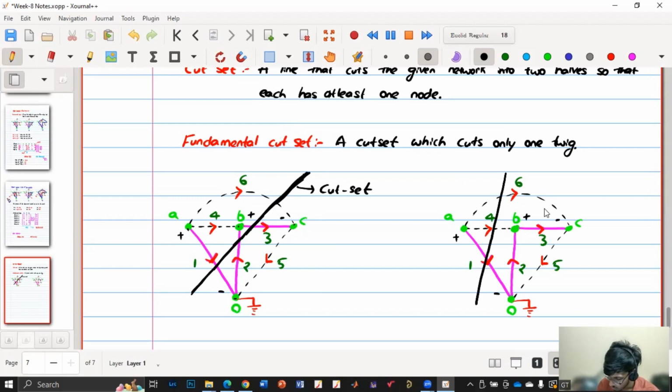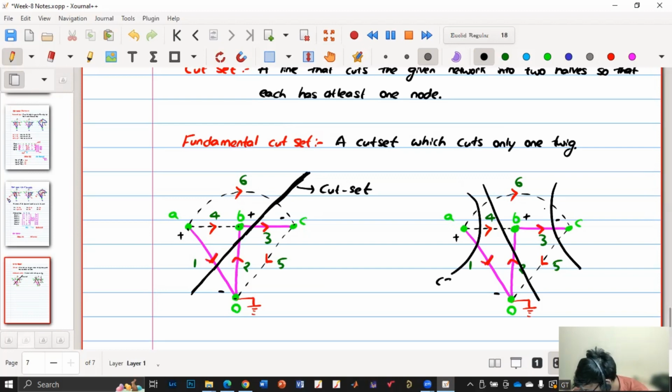Similarly, if I cut it like this, it cuts only one, and like this, again only one. So this is cut set one, this is cut set two, this is cut set three. Do you agree? Are you following? We are just trying to cut one twig. There are three twigs, so we will get three cut sets. Are you able to follow? Yes, sir. So these are called fundamental cut sets.